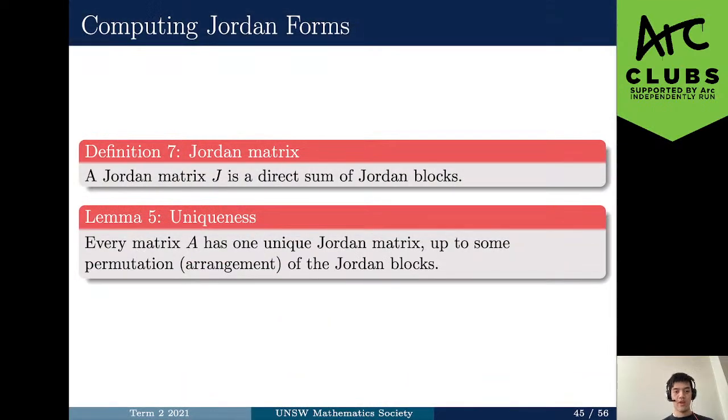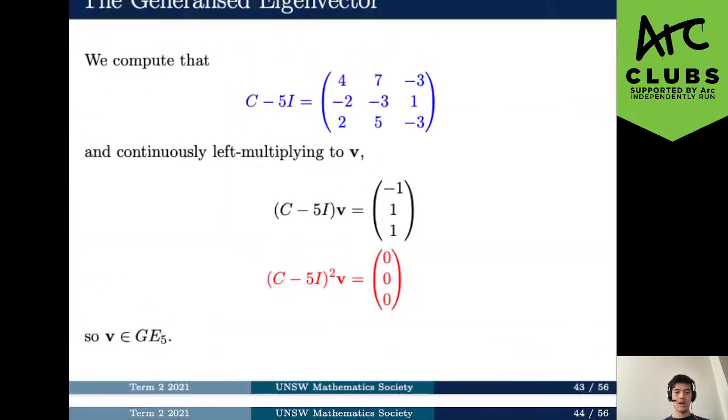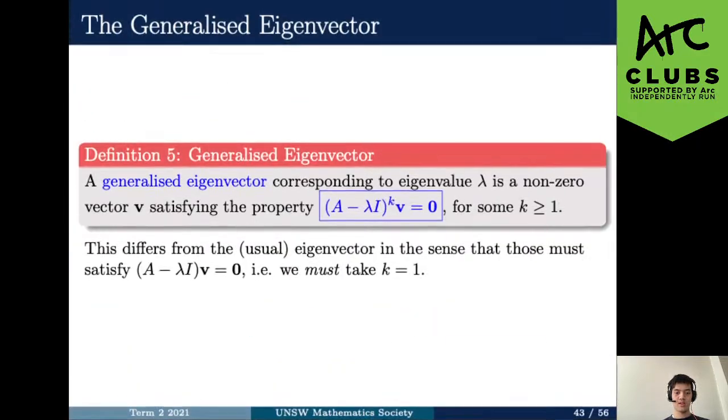Okay, so a Jordan matrix we said is a direct sum of Jordan blocks. And one of the important properties is actually uniqueness. Every matrix A has one unique Jordan matrix up to some permutation of the Jordan blocks. What that means is just that, say, earlier we had this Jordan block.